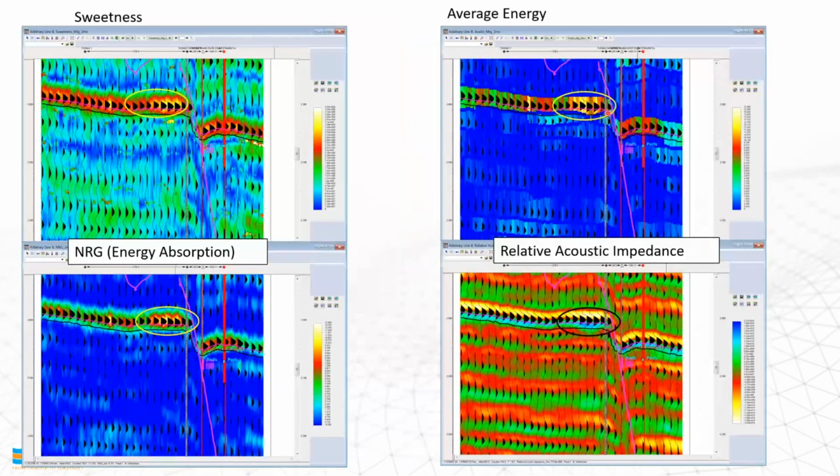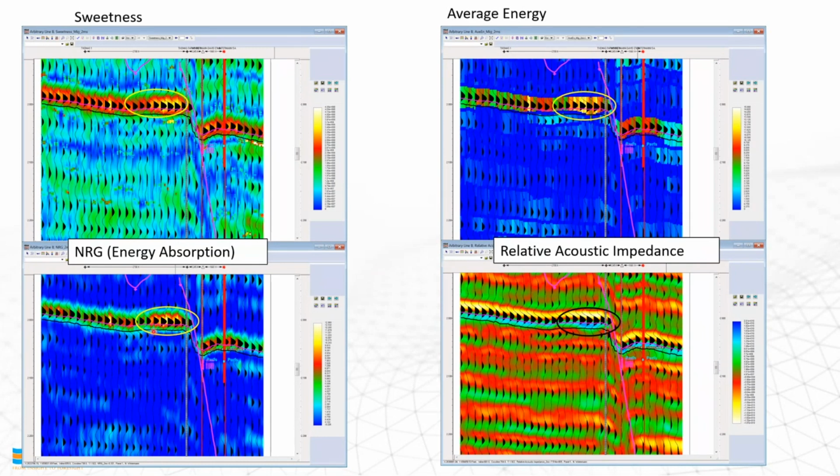And just to show you that I think this would be a good prospect, regardless of the fact that I have Paradise to help kind of prove it up, is that I have anomalies that indicate there's hydrocarbons here. I have a sweetness anomaly in the yellow circle. I have an average energy anomaly in the yellow circle, and here again is the well that had the show, but is slightly structurally down dip.